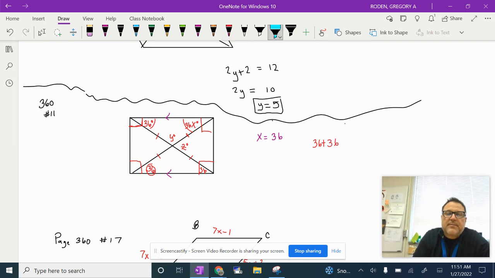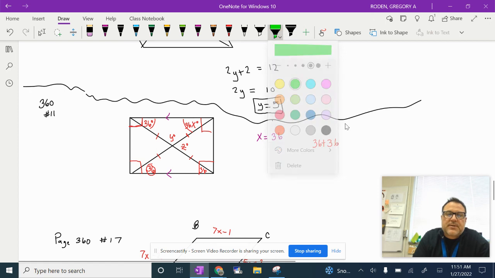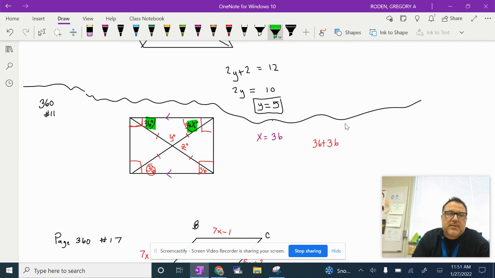Let me just highlight because they're isosceles triangles. So this is 36 and this is 36. Plus y is going to give me 180 because there's always 180 degrees in a triangle. So 36 plus 36 plus y equals 180. And so I can do the math here.